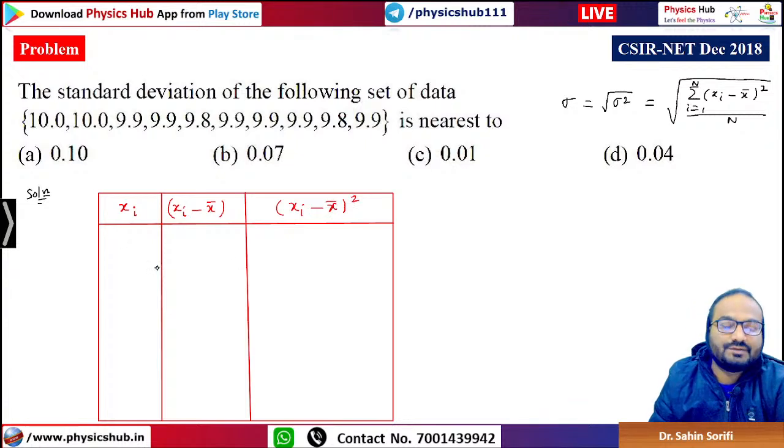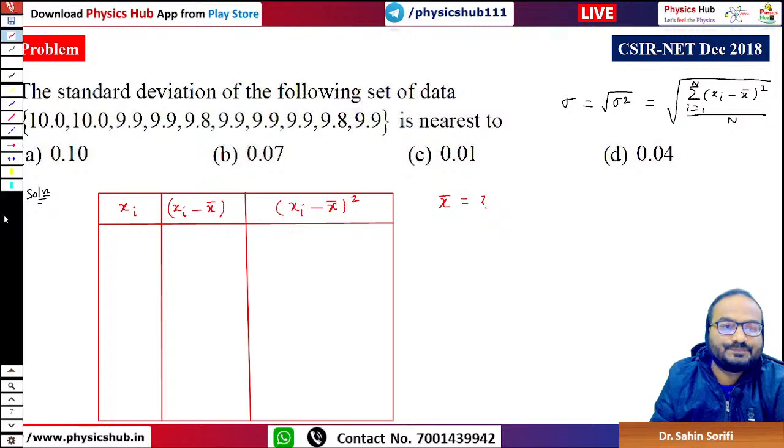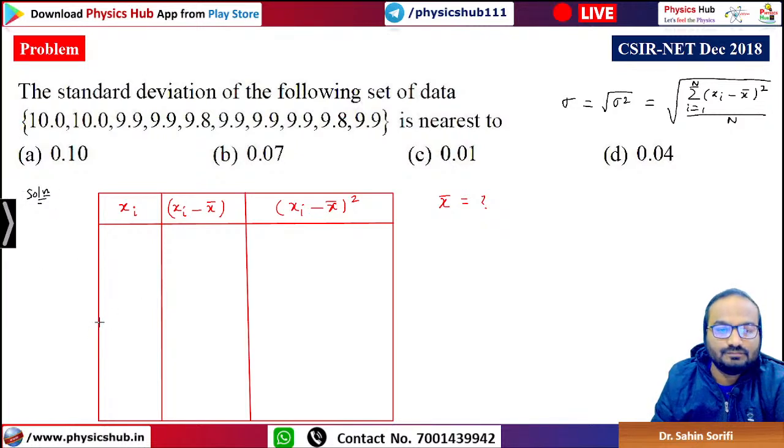So before that you need to calculate the x average. What is x average? Do it quickly, guys.